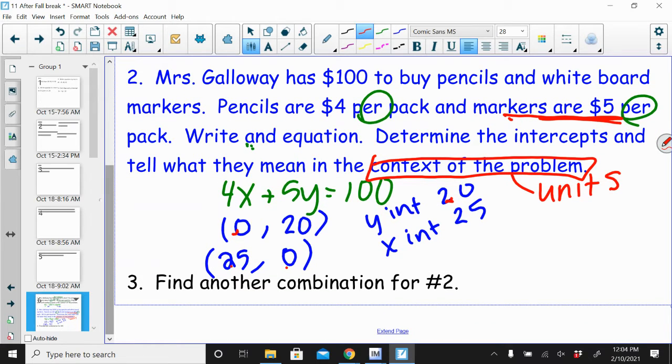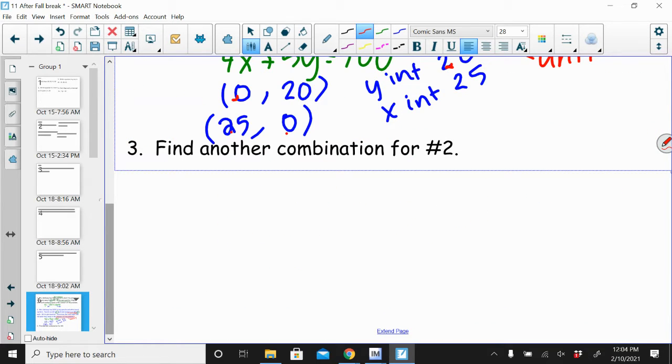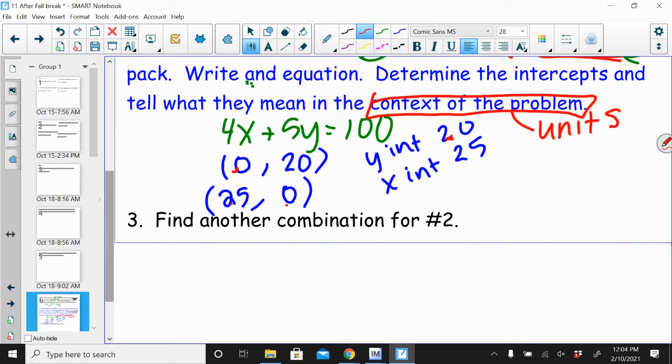All right, so number 2 was kind of hard, or excuse me, number 3, I felt like. So you're going to have to have a combination, like this is a combination. 0 pencils, 20 markers. This is a combination, 25 pencils, 0 markers. There are other combinations that when you total it up, you're still going to spend $100.